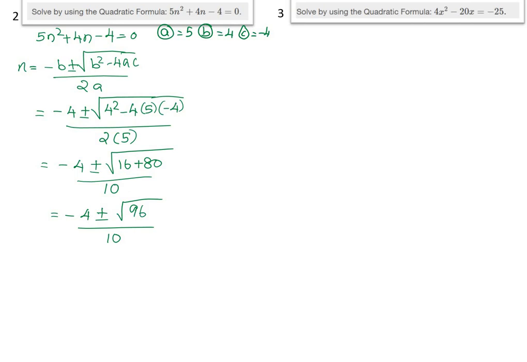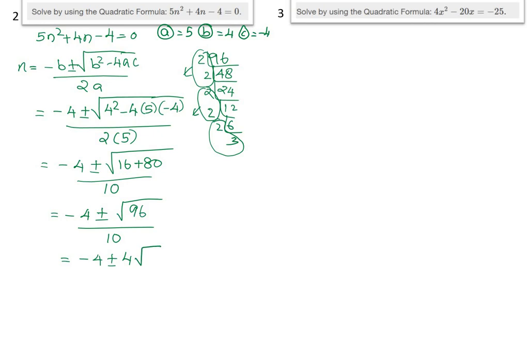Okay, now we can factorize 96: over 2, 48 over 2, 24 over 2, 12 over 2, 6, 2, 3. So make a group of 2, take one from each one. So it will be negative 4 plus or minus 1 from here, 1 from here. So multiply that together, 4. And no group, so we can multiply that together and inside the radical sign, 10.